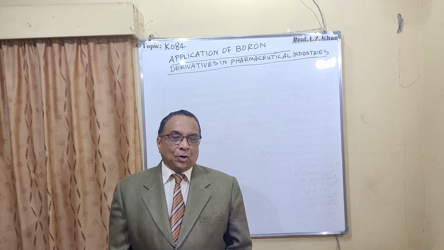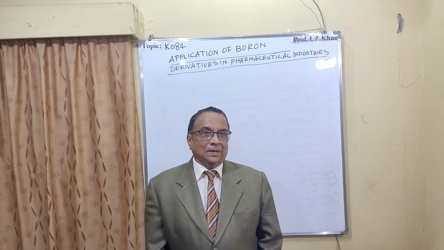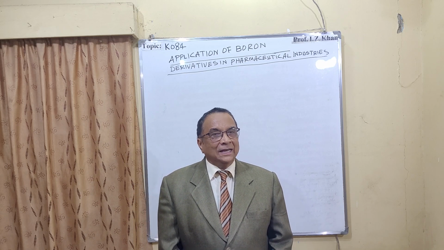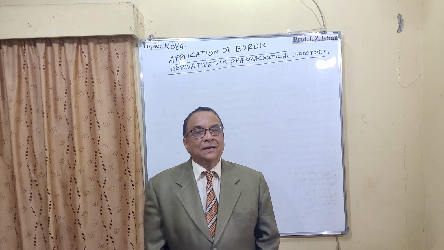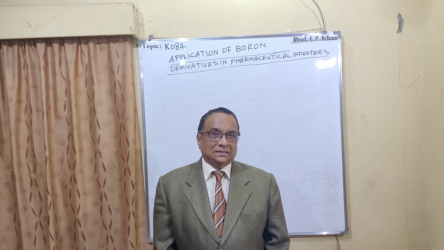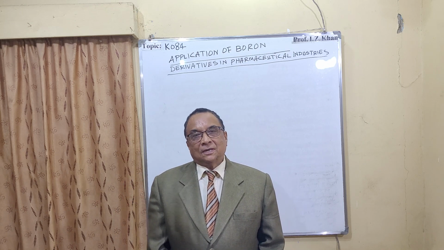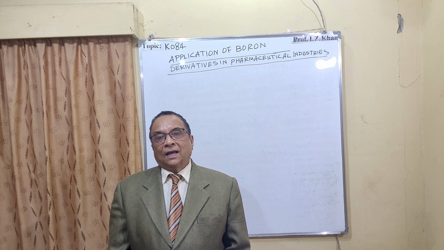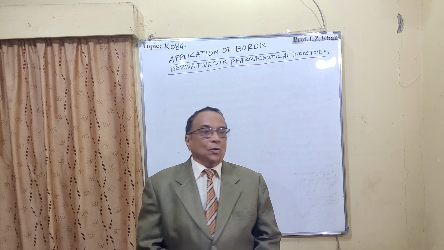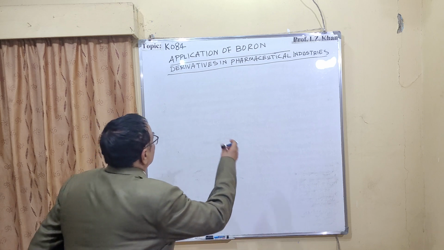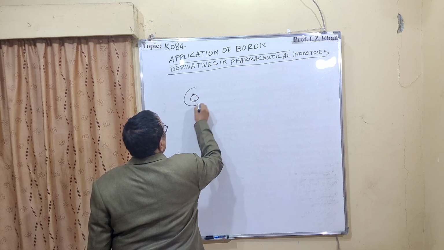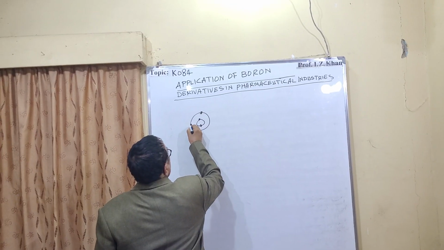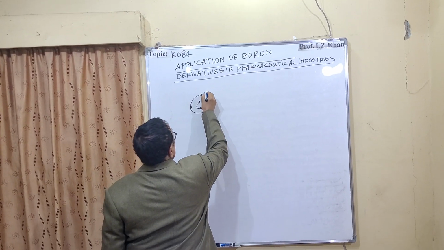As we know, boron in the periodic table is a group 5 element, and it has atomic number 5. If we see the structure of boron, there are 2 electrons in the first shell and 3 electrons in the second.